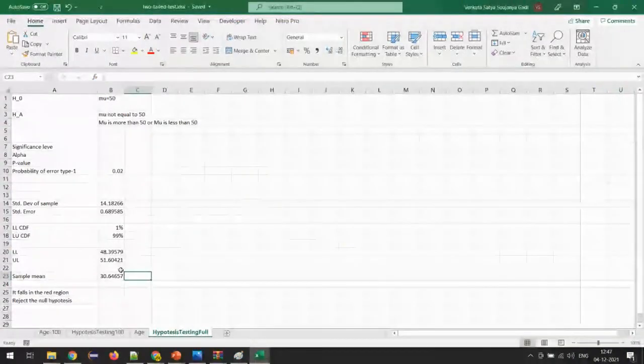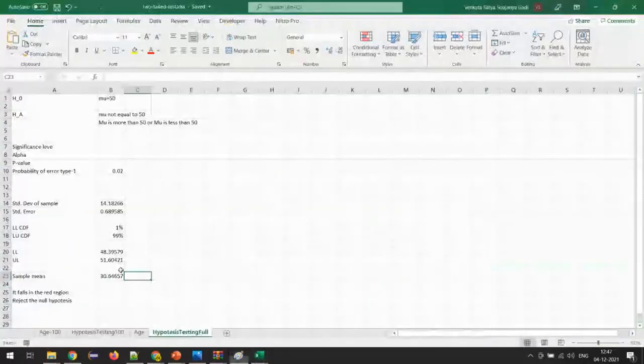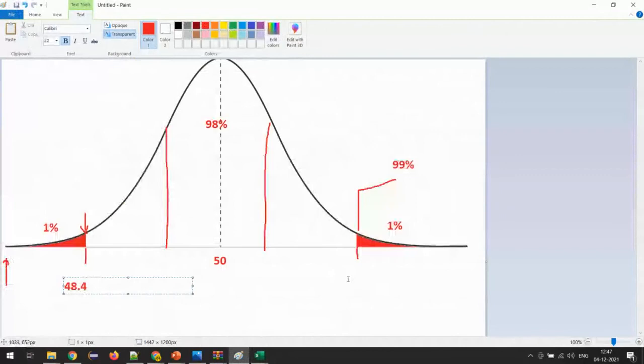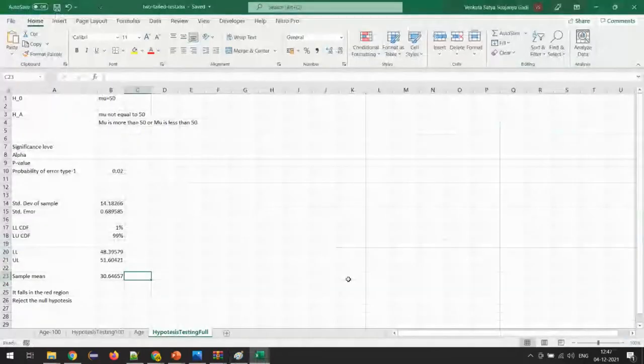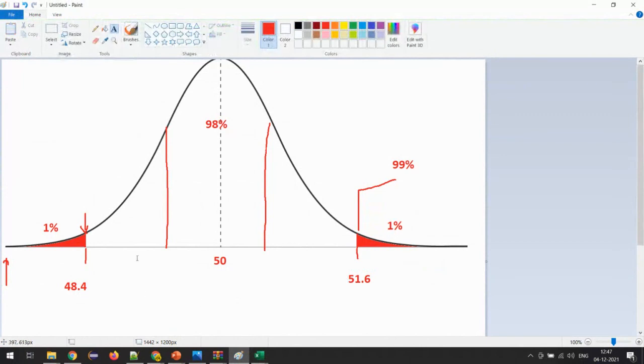Let me see these values: 48.4 and 51.6. For example, if it is 49, 49 falls somewhere here, right, in the white region. So if it is in the white region, we fail to reject.